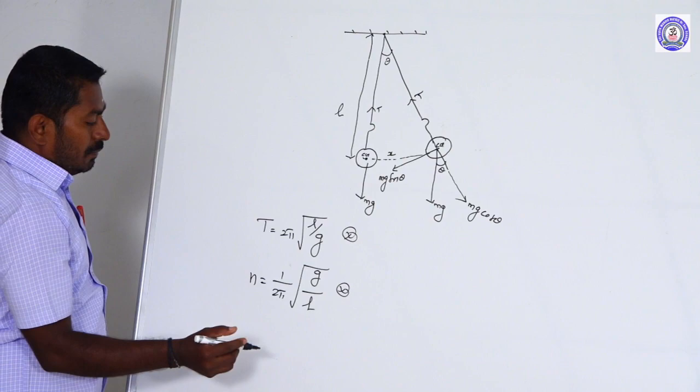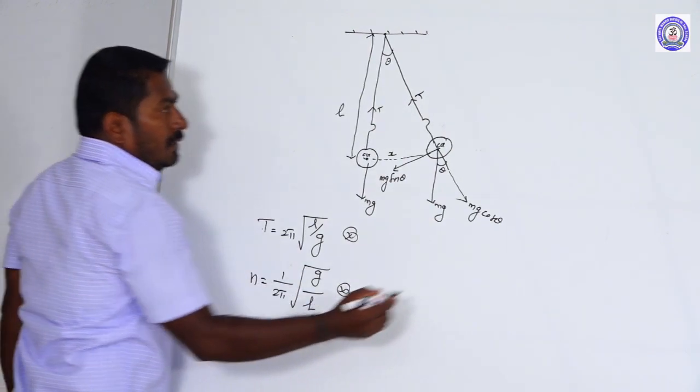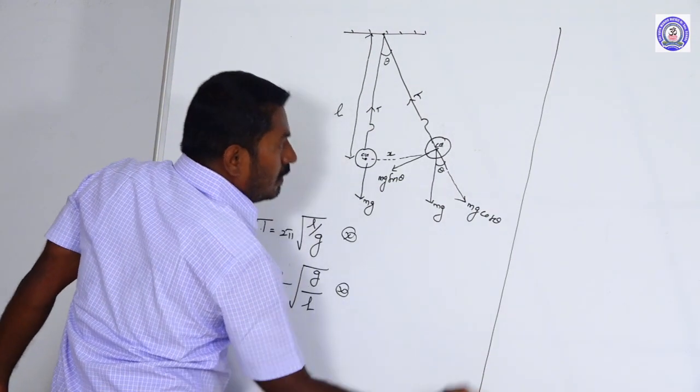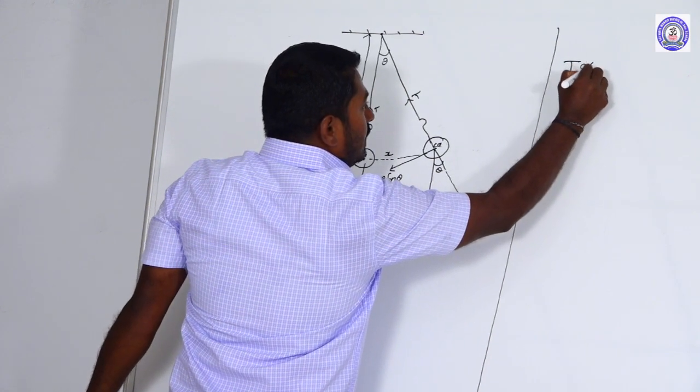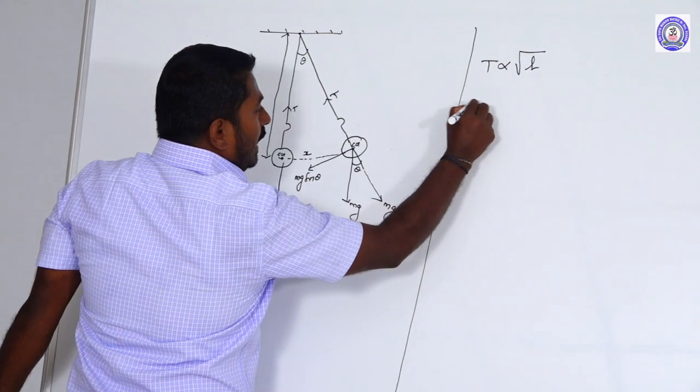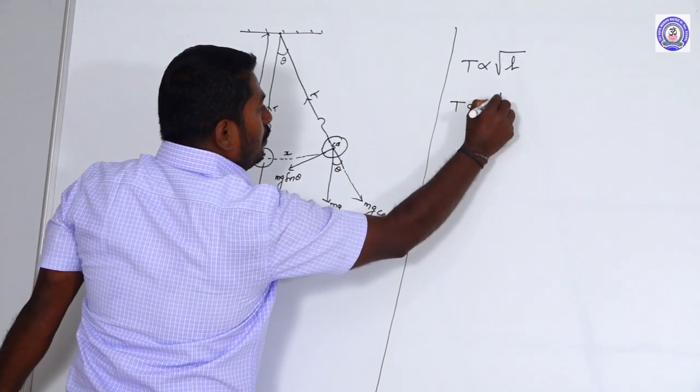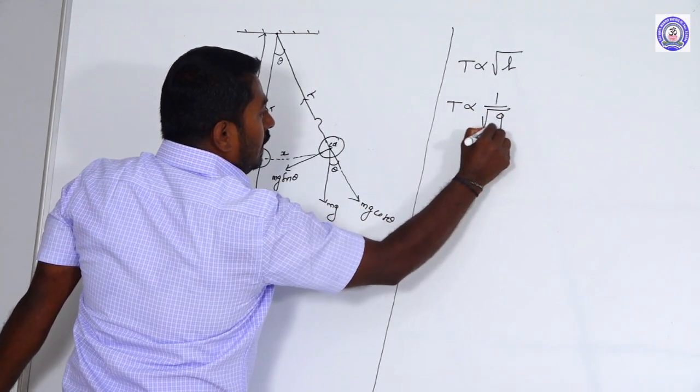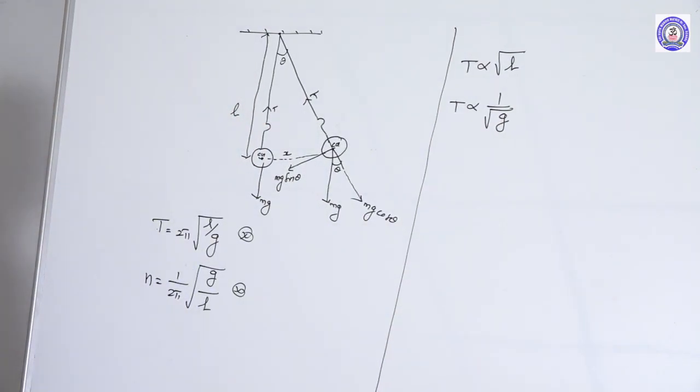In a simple pendulum, the time period T is directly proportional to the square root of the length of the pendulum, and the time period is inversely proportional to the square root of the acceleration due to gravity.